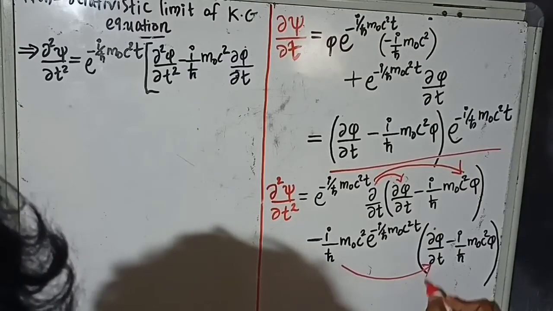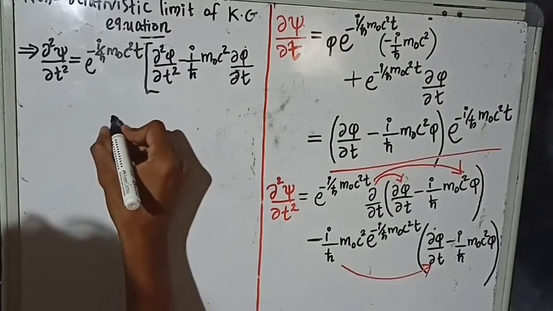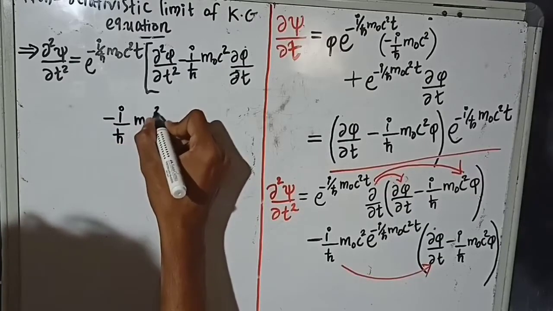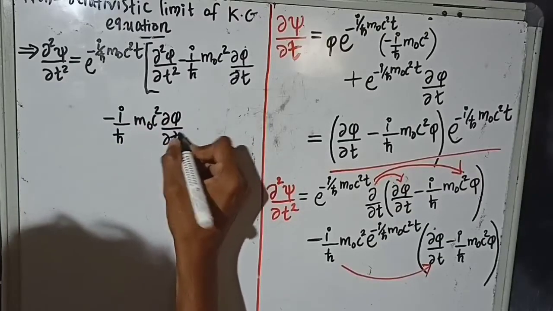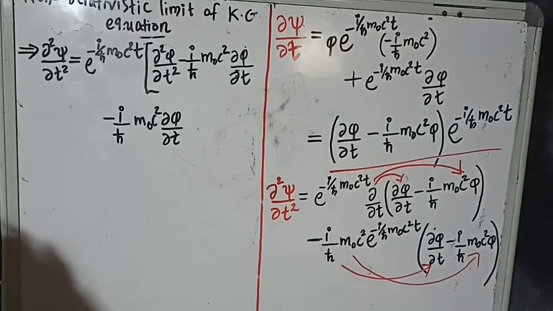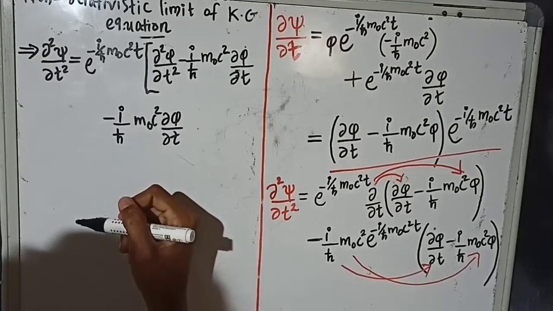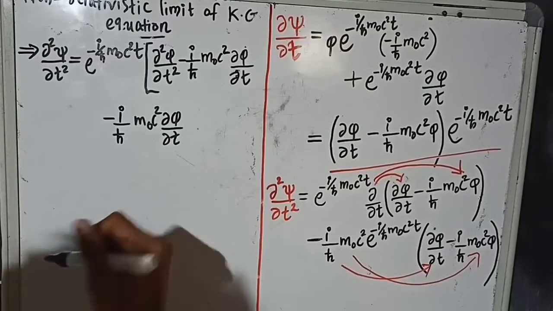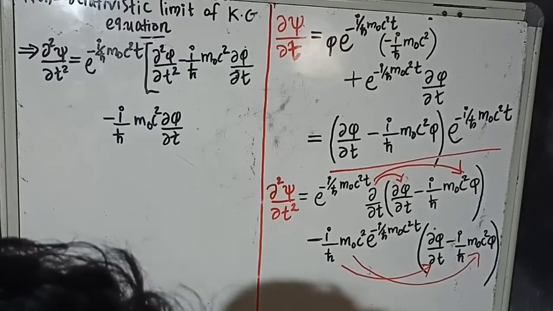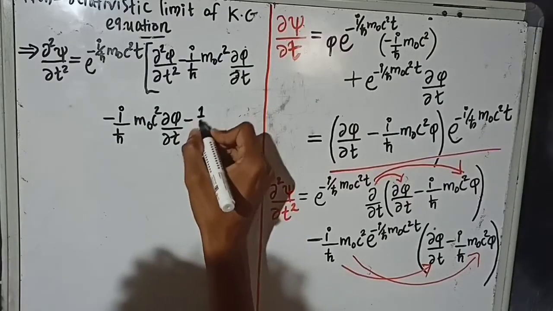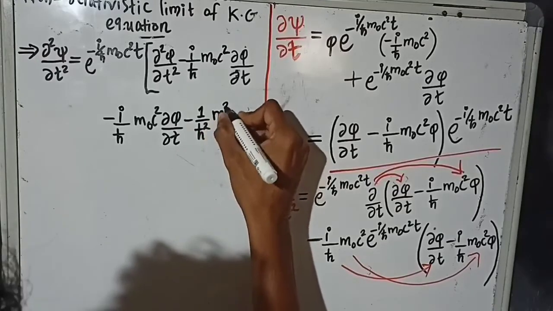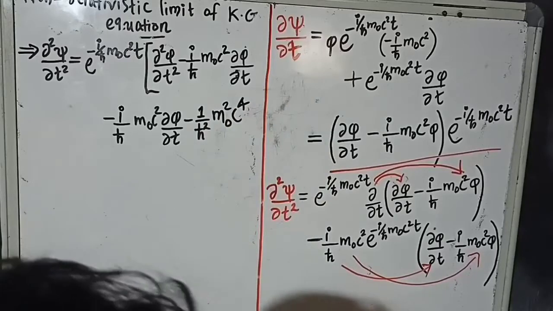This on this gives minus i by h cross m0 c square ∂φ/∂t. This on this gives 1 by h cross times 1 by h cross is 1 by h cross square, into minus times minus i into i, minus 1. So this is actually minus 1 by h cross square m0 square c to the power 4 φ.